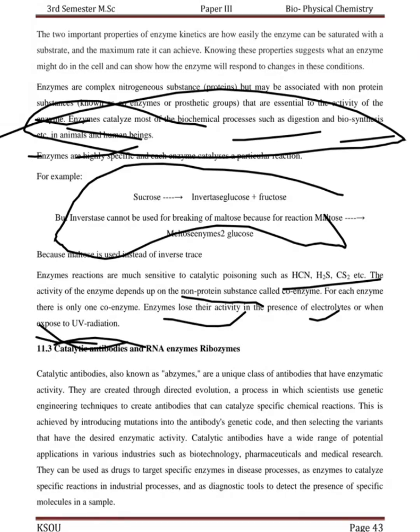So generally, if the reaction is taking place under UV, it loses its activity. It means the rate of reaction will decrease when it is exposed to UV radiation. So this point is very much important.